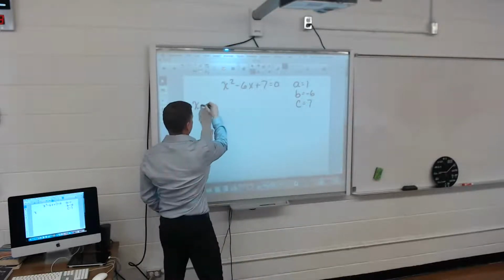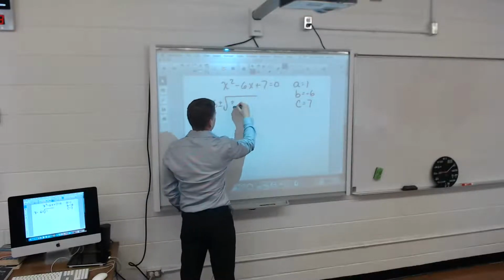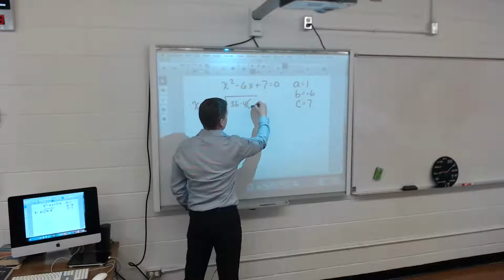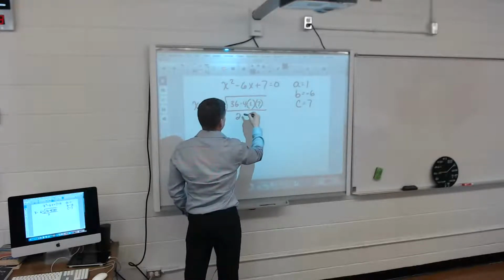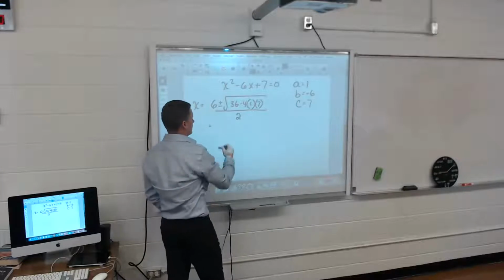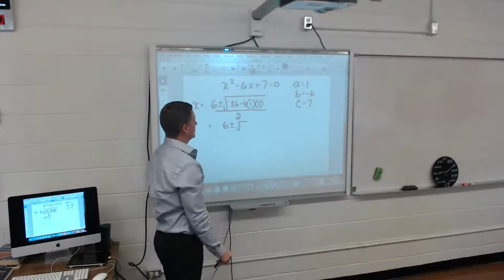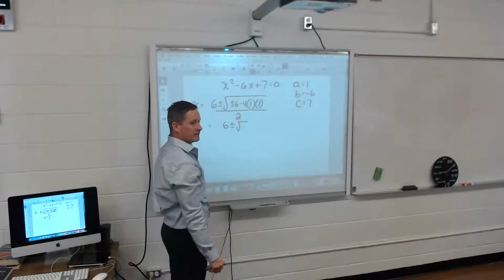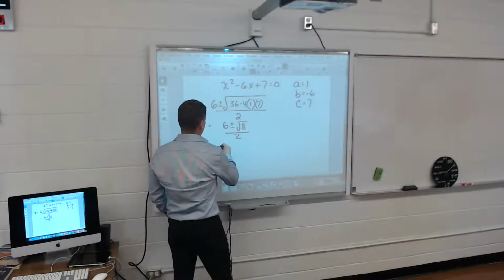So x is equal to 6 plus minus the square root of 36 minus 4 times 1 times 7, all over 2 times 1. 6 plus minus the square root of, so 36 subtract 28, 8, over 2, okay?